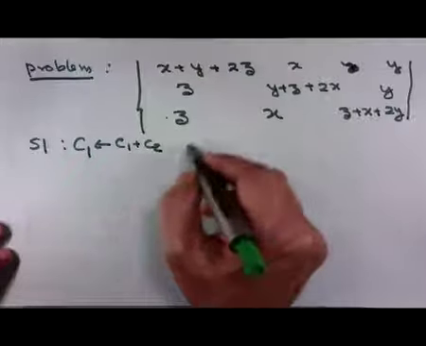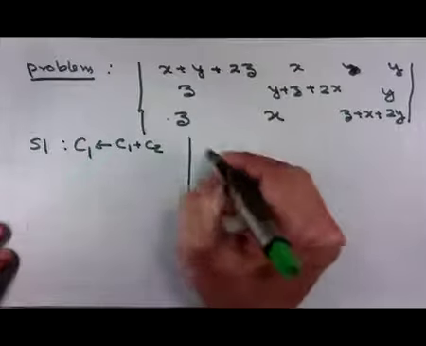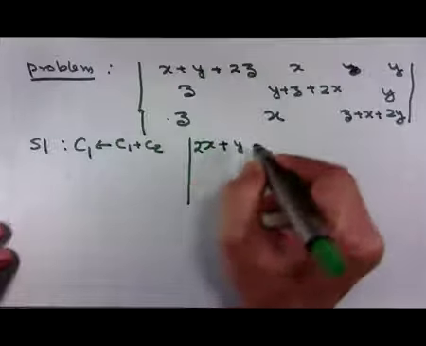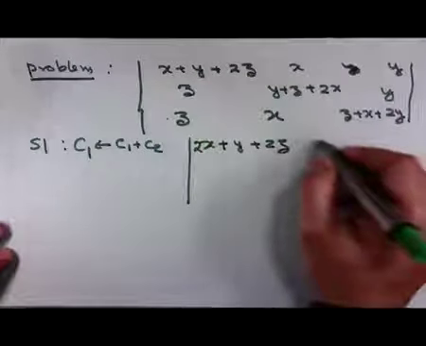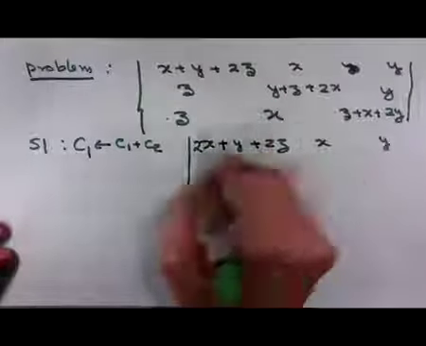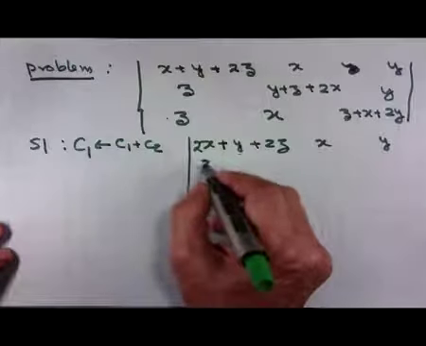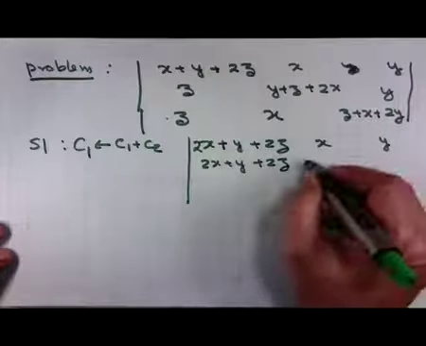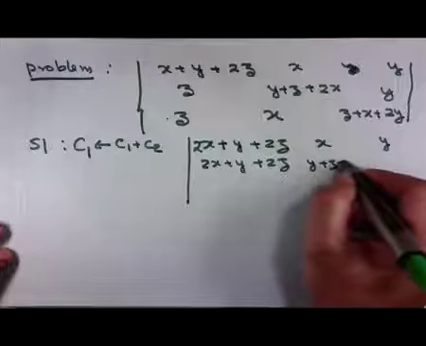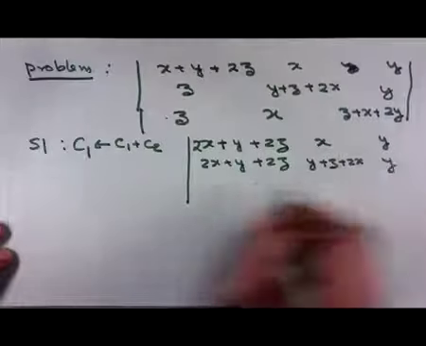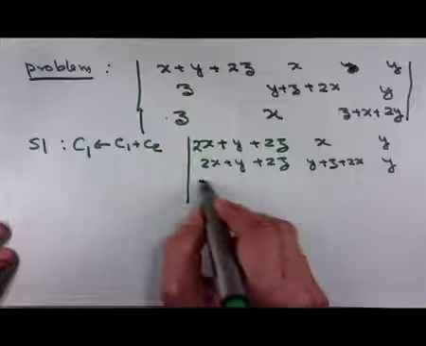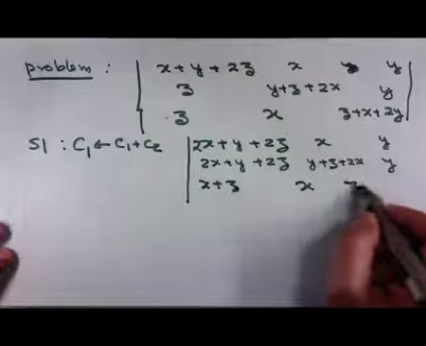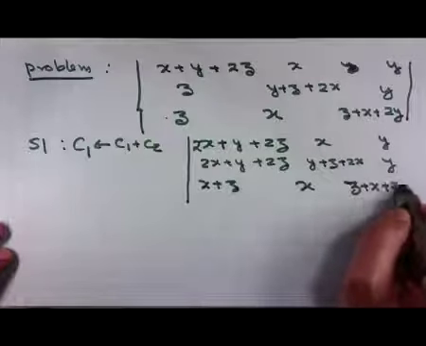Then what are we getting? The matrix becomes x plus y plus 2z, x, y in the first row, then 2x plus y plus 2z, y, in the second row, and the third row x plus z, x and z plus x plus 2y.